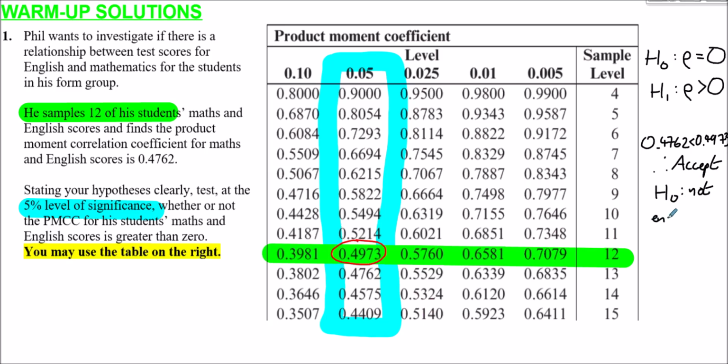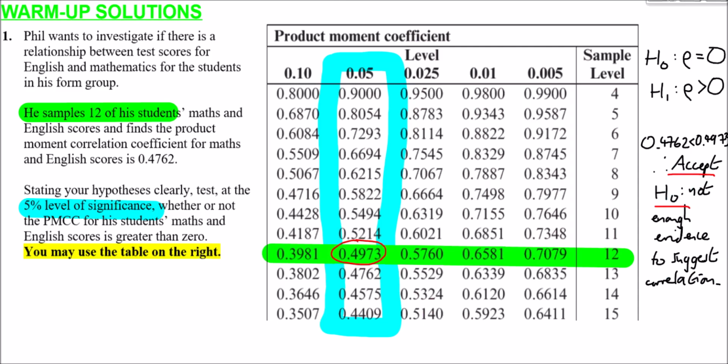Not enough evidence to suggest correlation. And I'll show you how this would look on a graphic, just so hopefully it makes a bit more sense in terms of picturing what's going on. But unfortunately, we have to accept H0, no correlation.